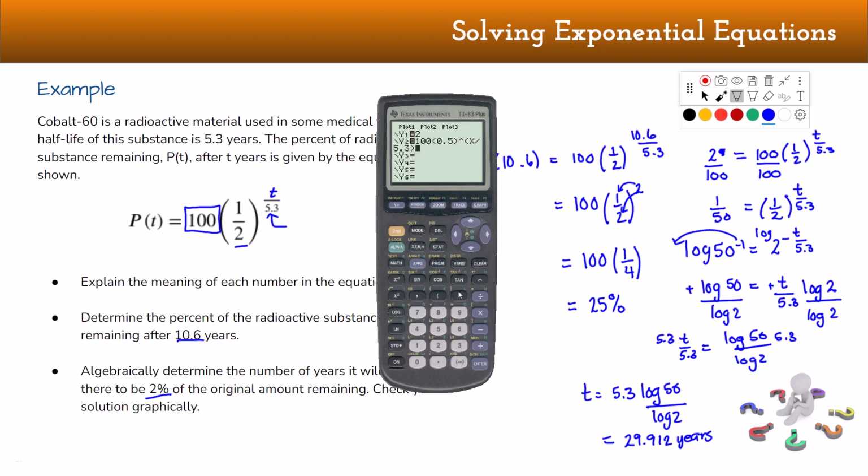Notice I put that in brackets like that. And I'm going to need to change the window settings if I want to see any intersection here. That's going to be at least to 30. Let's put 35, and let's graph that up.